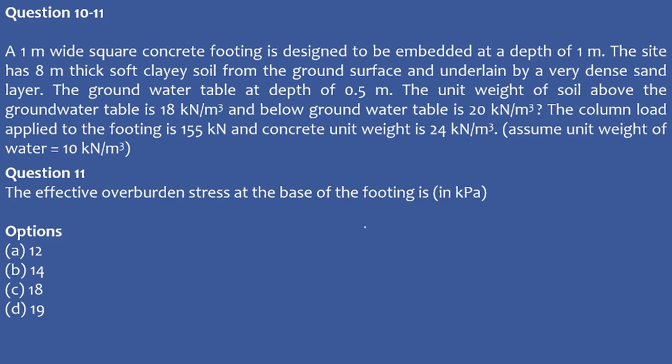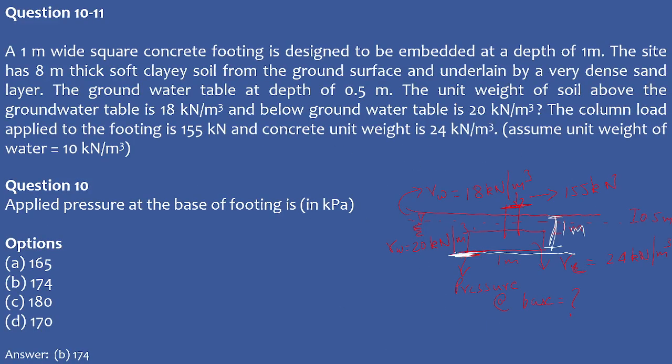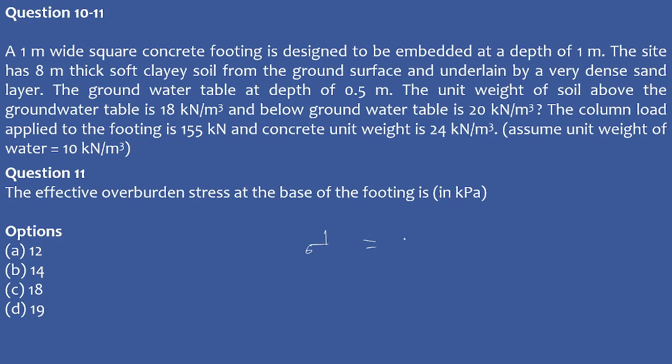So if we consider, we just need to calculate the effective stress at the base. So sigma dash: above the groundwater table we are having 18 kilonewton per meter cube. So here it is 18 into 0.5, plus below the water the unit weight is 20 minus, since the water is there, there will be pore water pressure, so we'll be reducing the effective weight, and here it's 0.5.